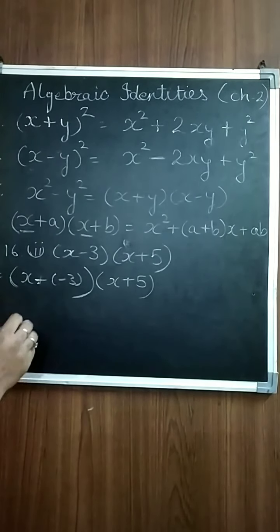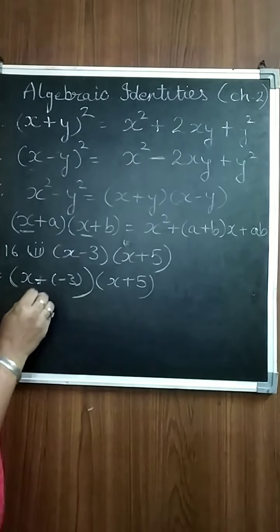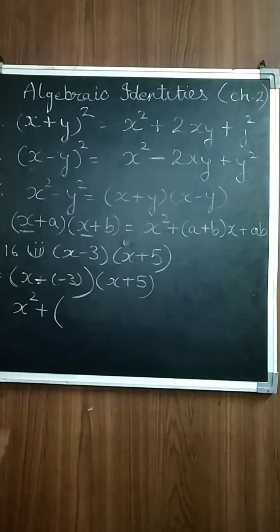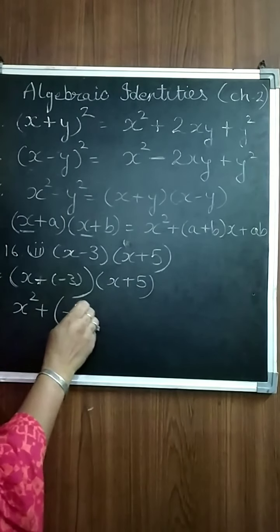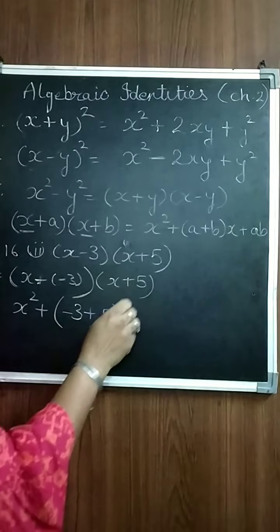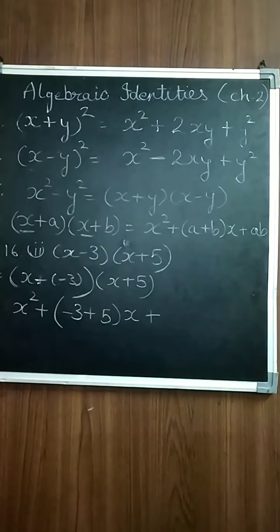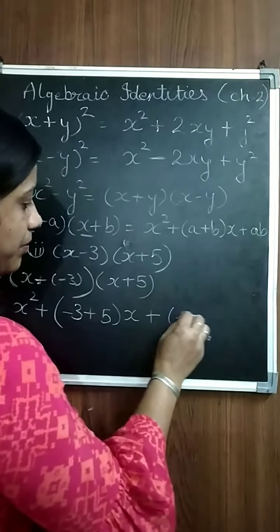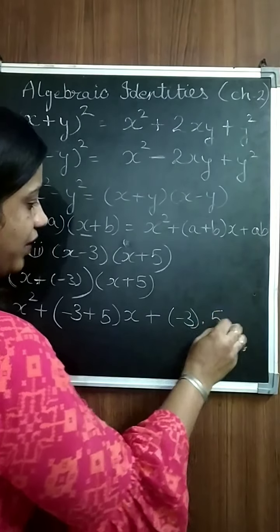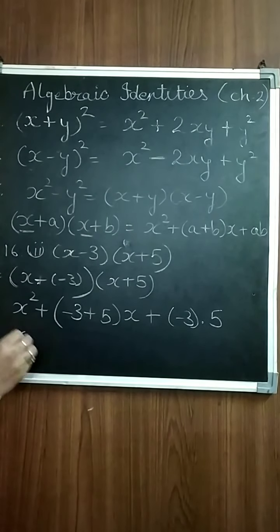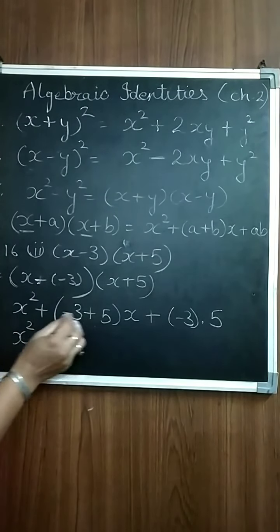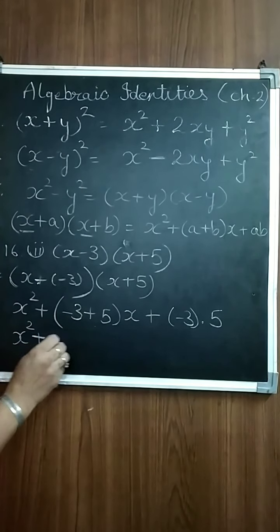Let's apply this. So it will be equal to x square plus a plus b, it means minus 3 plus 5, into x, plus a into b, it means minus 3 into 5. What have we got? x square plus, minus 3 plus 5 is plus 2x.